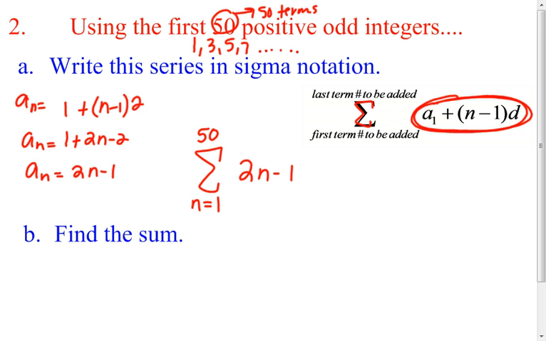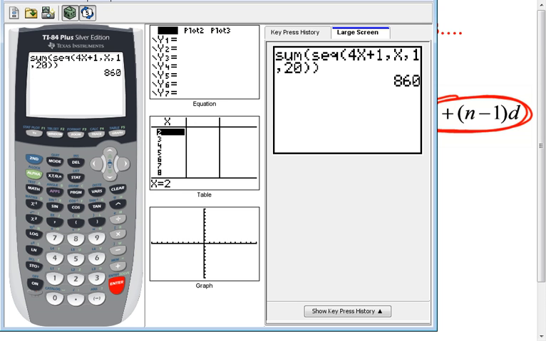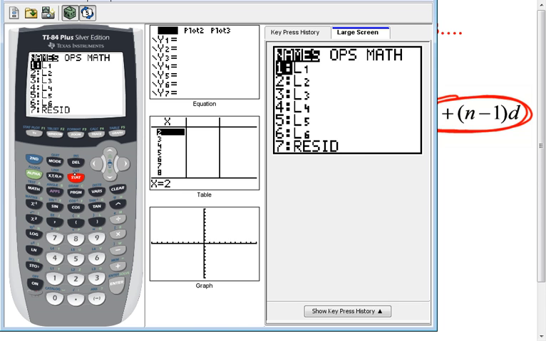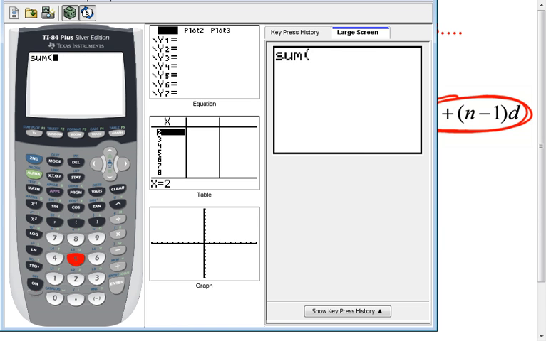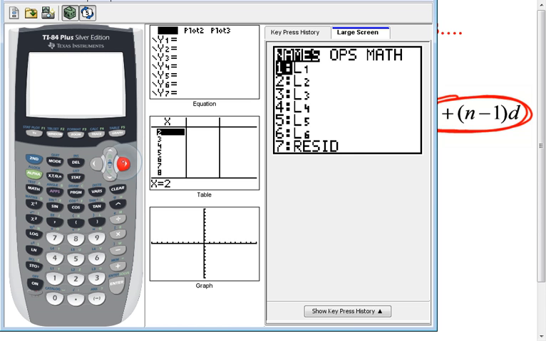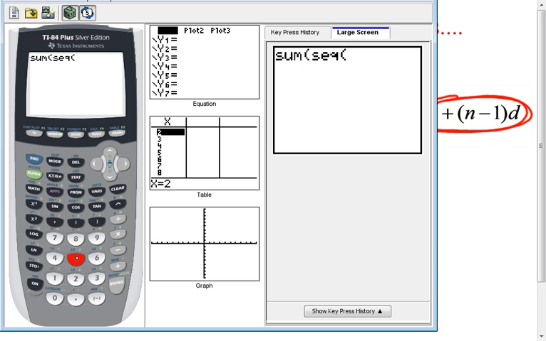And once you get that, then you can go ahead and stick this into your calculator. So let's see if I can get this right this time. I will clear this out so it doesn't mess us up. So I am going to go second stat again, over to math, number 5, and then second stat, over to ops, number 5.